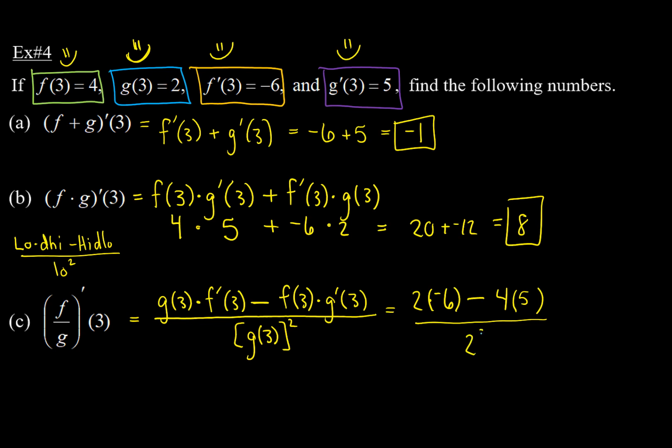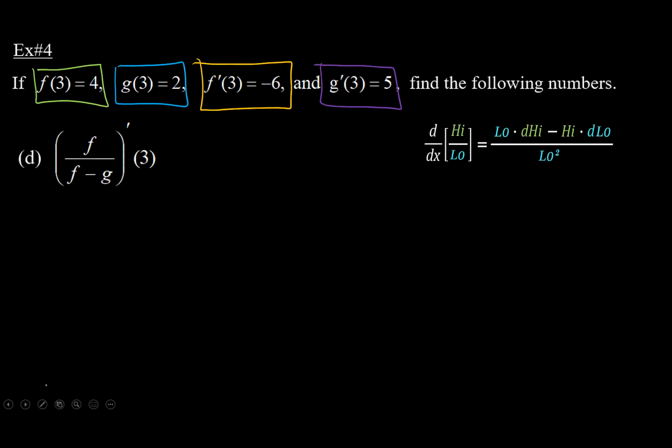So I'm going to square the 2. So I'm going to end up with -12 minus 20 all over 4. And that's going to give me what? -32 over 4? Which ends up being -8. How about a -8? Good.